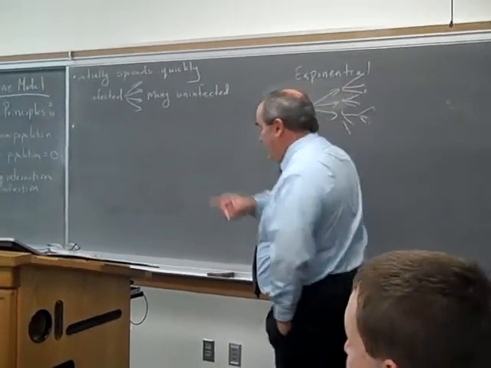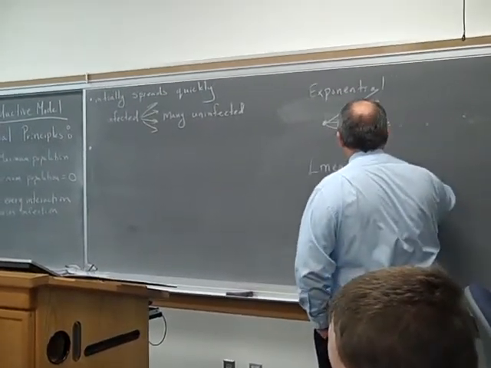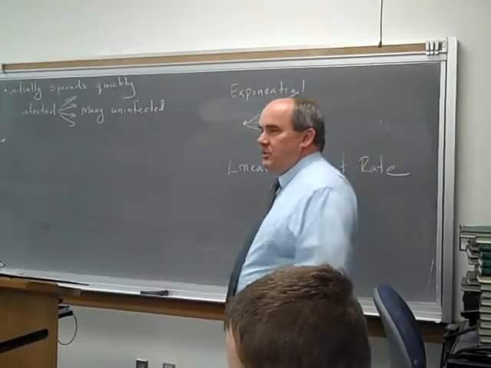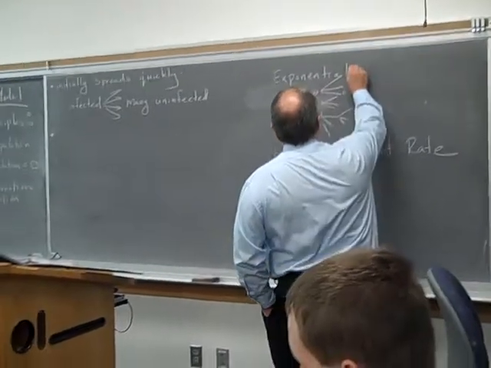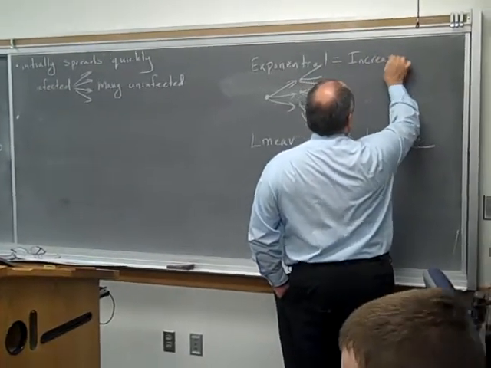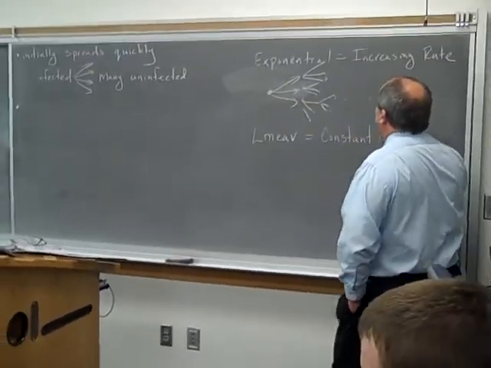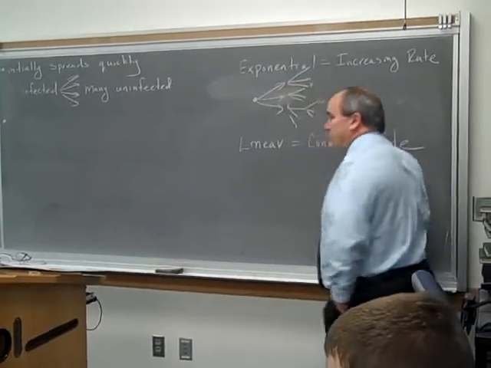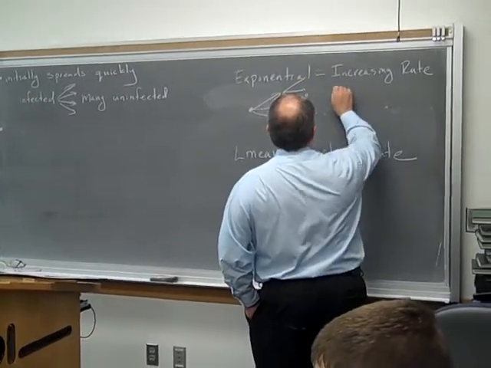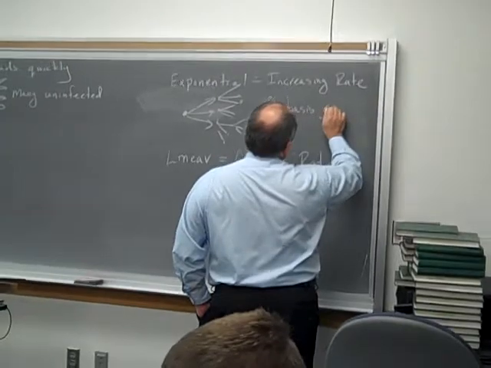So now, if we go back to what you talked about with linear, you used an important term. You said that there was a constant rate, and in describing exponential, you talked about an increasing rate. So in very general terms, if you really look at either exponential growth or exponential decay, what you're really looking at is percentage basis change.